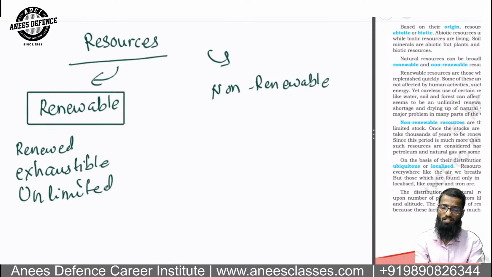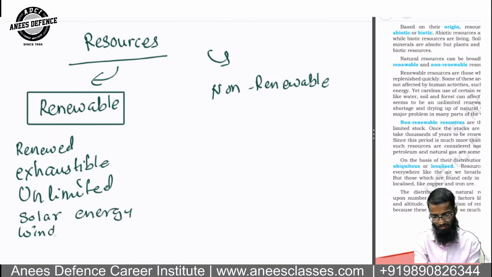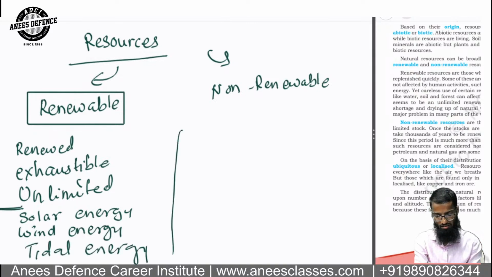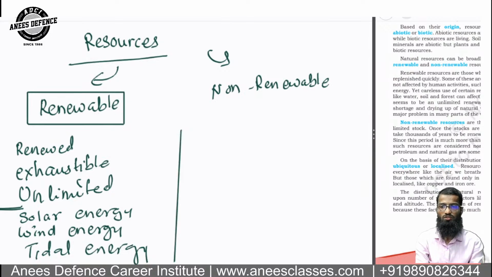Even if you use that for n number of years, it will not get exhausted. Okay, for example, solar energy, right? Wind energy, right? So tidal energy. These are what? These are the renewable sources of energy, right?